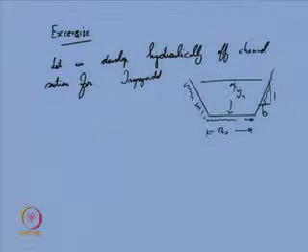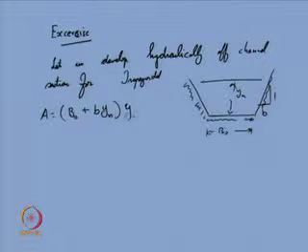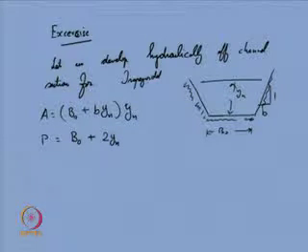Then you use the same criteria, you know A is equal to (B0 plus B yn) into yn. The wetted perimeter P is equal to B0 plus 2 times yn into root of 1 plus B square.